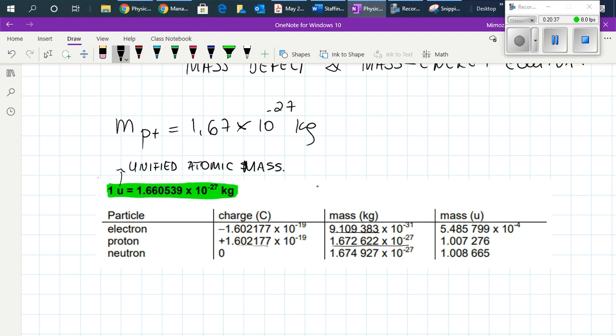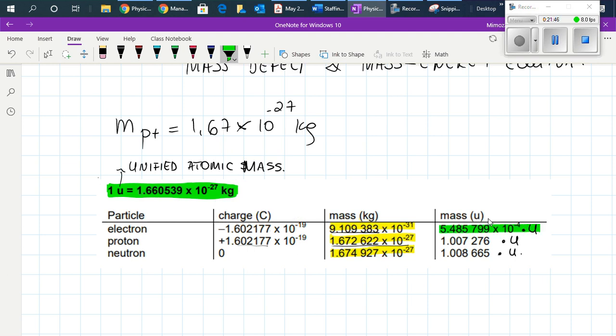Okay, and in this way we are comprehending exactly what the mass of the proton is, 1.0072, and what the mass of a neutron is, 1.008665, in unified mass, and then the mass of the electron is 5.485 times 10 to the power of negative 4 times the unified mass, U. So there are two ways you will see it in questions: the mass of the proton, electron, or neutron in terms of kilograms, or sometimes in terms of the unified mass.